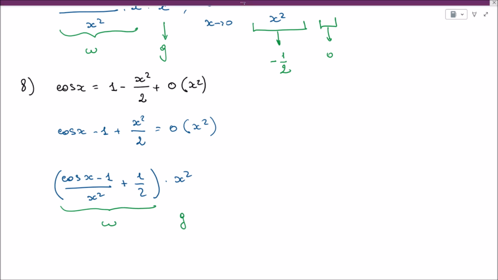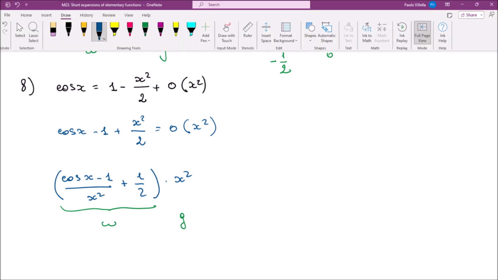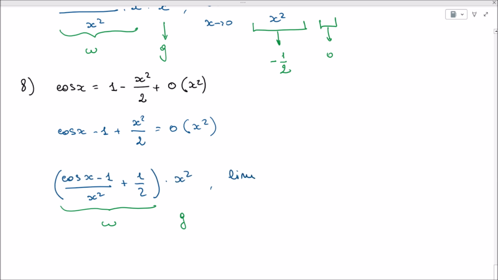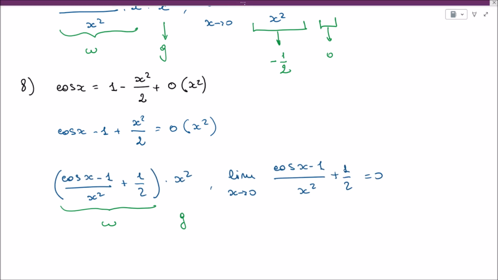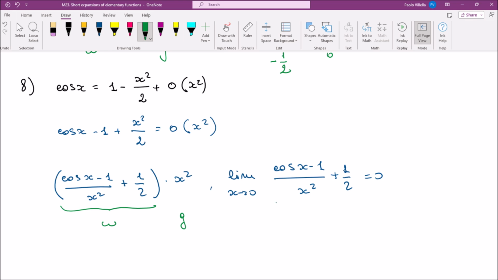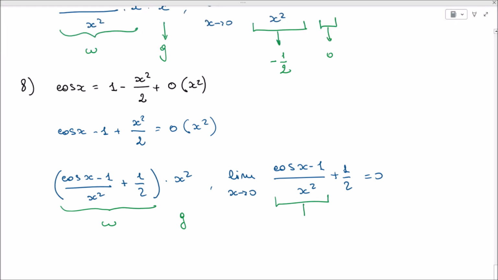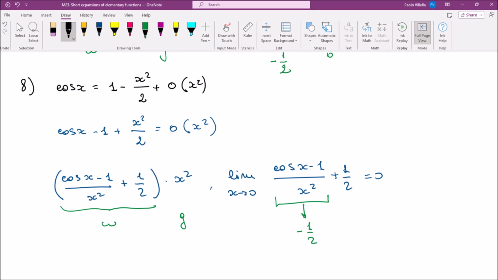So we need now to check that the limit as x goes to 0 of cosine of x minus 1 divided by x squared plus 1/2 is indeed equal to 0. But we know this because this, by the fundamental limits, is just minus 1/2. So also this other expansion of cosine of x has been proved.